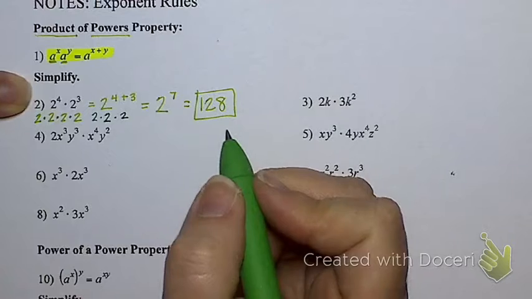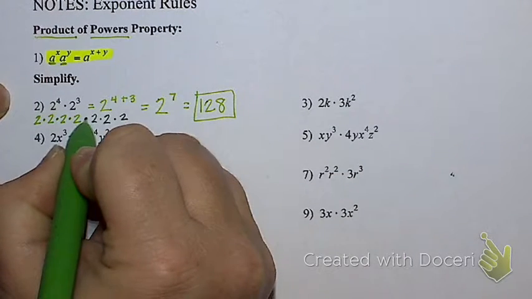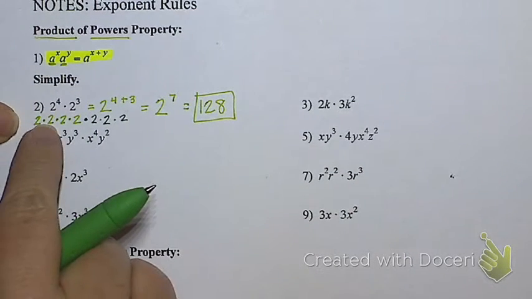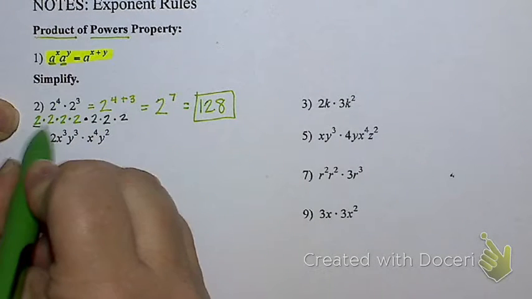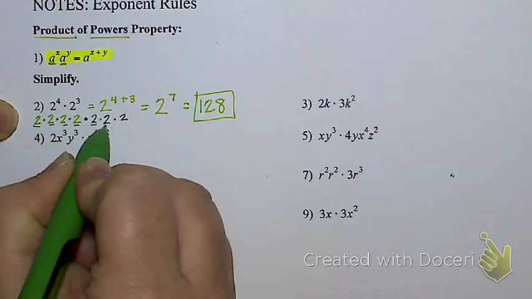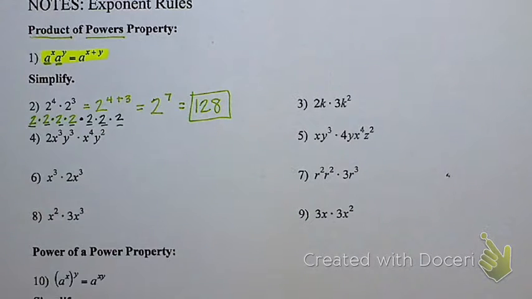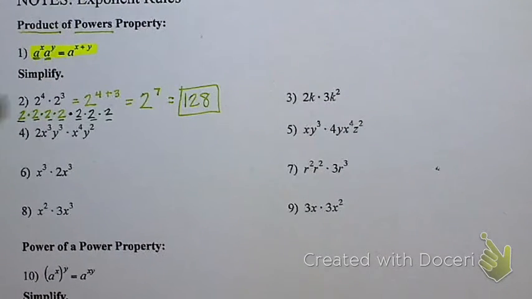Yes? So if I am multiplying those together, don't I have 2 times 2 times 2 times 2 times 2 times 2 times 2? That's 1, 2, 3, 4, 5, 6, 7. That's where the 2 to the 7th comes from. Does that make sense? So that's kind of the long way of thinking about it. We're just going to use the shortcut of adding them together.